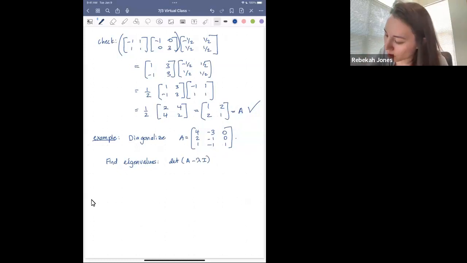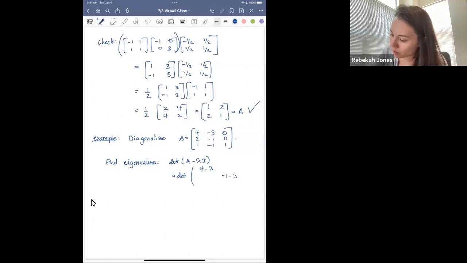Now that's going to equal the determinant of this matrix where we just subtract lambda from each of the diagonal entries. Right. So those will be my diagonal entries, and then all of the other entries stay the same. Right. So I'll have this.